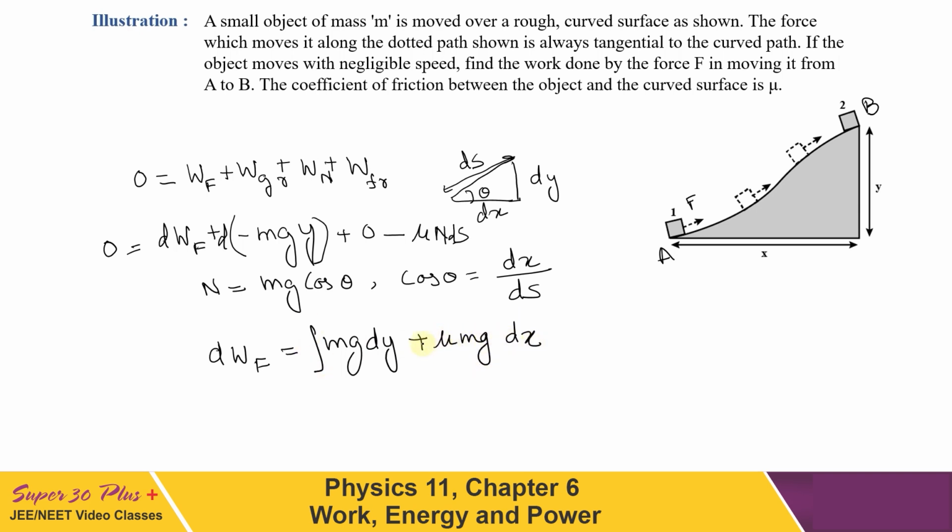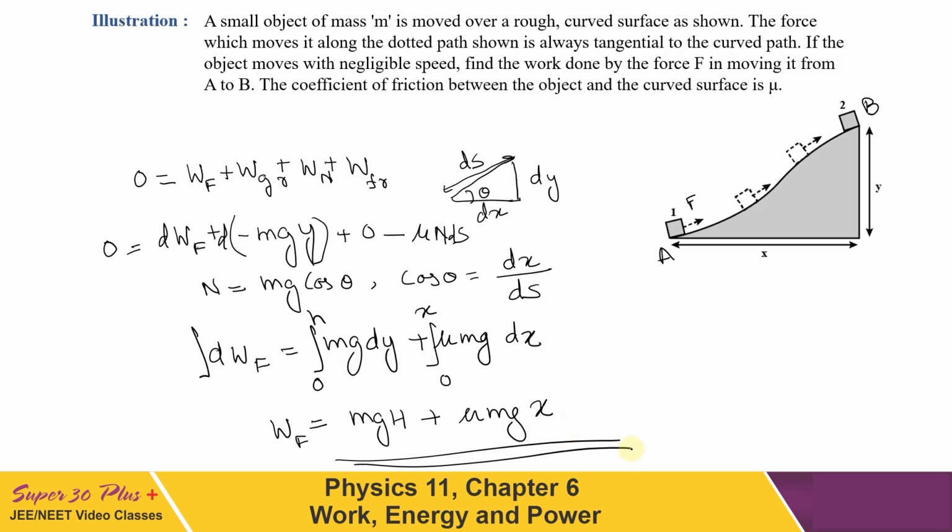And on integrating, x is varying from 0 to x, y is varying from 0 to h. So that will give, integrating this part also, the work done due to this external force to be equal to mgh plus mu mg x, which is our desired result.